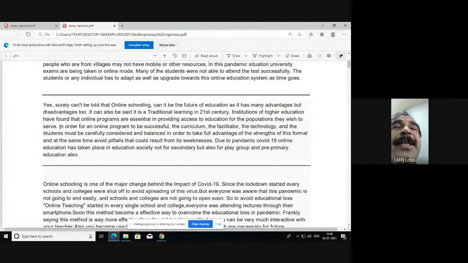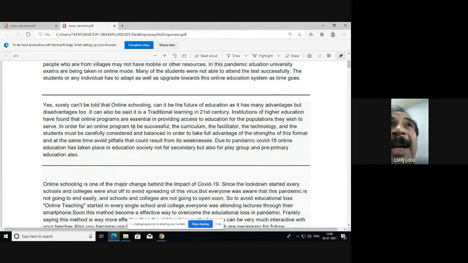Try to write small and simple sentences which convey a particular meaning or elaborate a particular point. "In order for an online program to be successful, the curriculum, the facilitator." So this you can write, now you're talking about all the stakeholders.